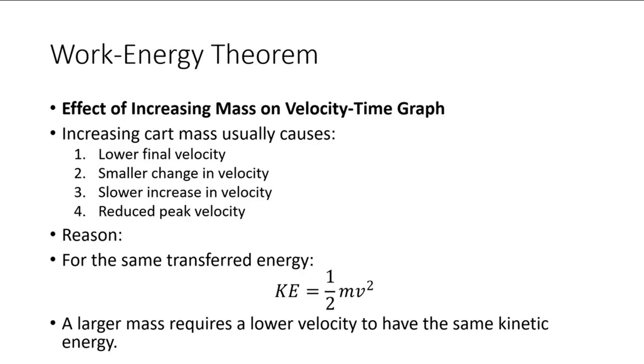The reason is that kinetic energy is equal to 1/2 multiplied by the mass multiplied by the velocity squared. For the same amount of transferred energy, a larger mass does not need to move as fast to have the same kinetic energy. That means that when the mass is increased, velocity decreases if the work input is approximately similar.